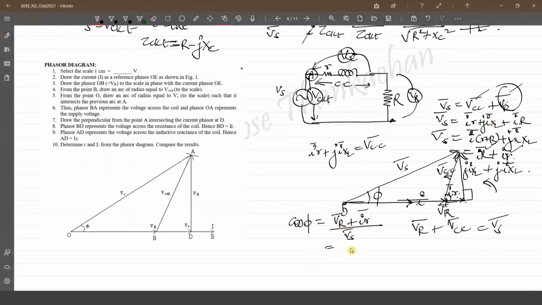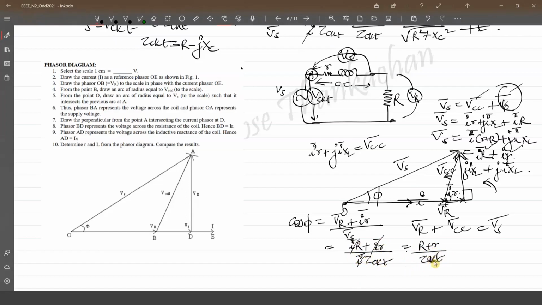VR is nothing but I into capital R plus I into small r divided by Vs, which is nothing but root of. So Vs can be written as I into Z circuit. If I take out I common from this whole circuit, what I get is capital R plus small r divided by Z circuit.